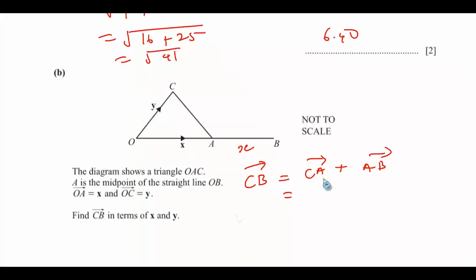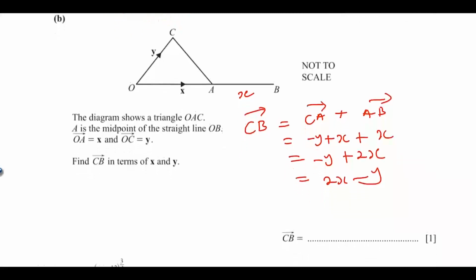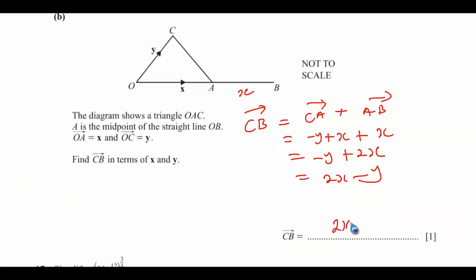So CA will be equal to CO, that is minus y, then plus OA, that is x. So this is vector CA, the addition of CO add OA, then plus vector AB, which is x. So we can simplify this. This will be minus y plus 2x, which you can rewrite as 2x minus y. That will be the vector CB, 2x minus y.